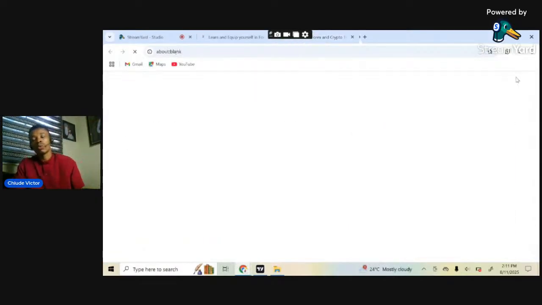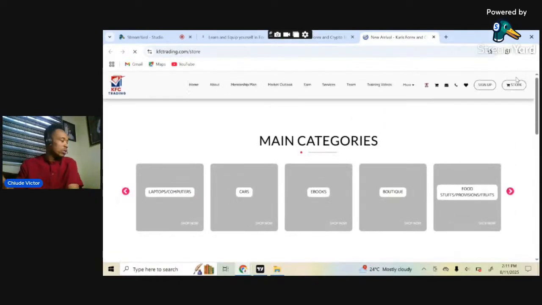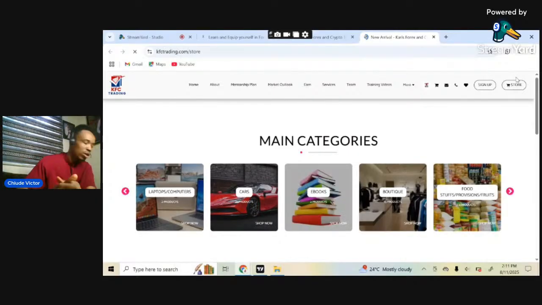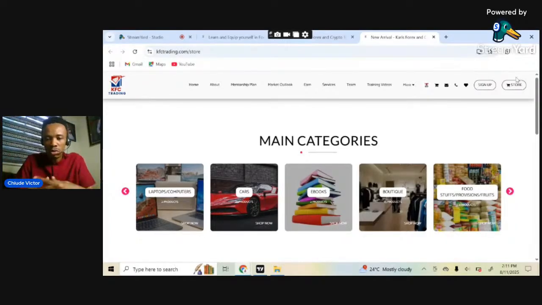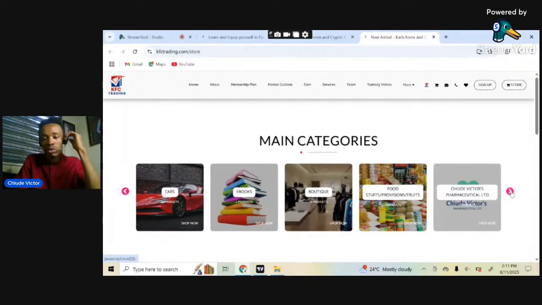We also have the store where you can buy a lot of things. Though the store has only a few things, we're going to be adding more. But what we've added so far: we have laptops, cards, computers, ebooks, and a boutique where you can shop for clothes. You have a foodstuff store where you can buy foodstuff.